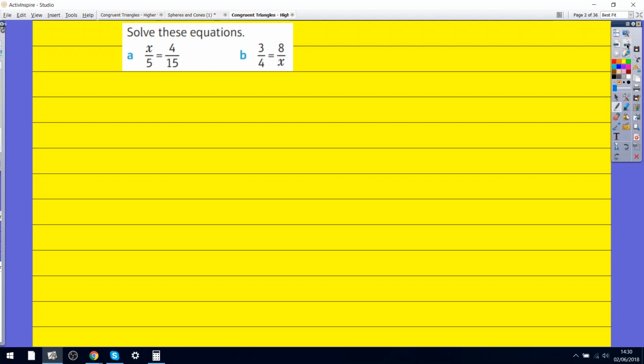Let's say solve B. How would you solve B? I think this is non-calc. So how would you do 8 divided by 3/4?